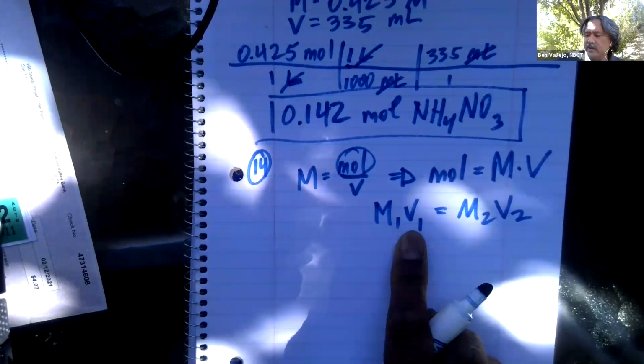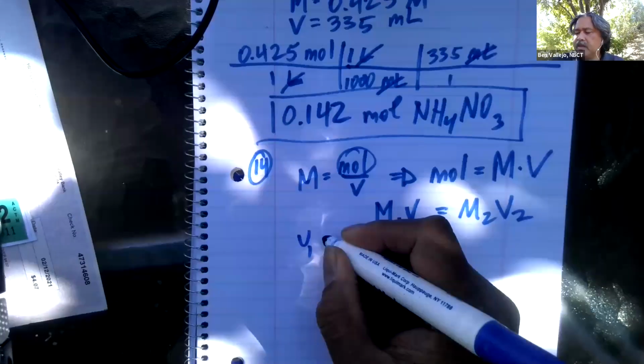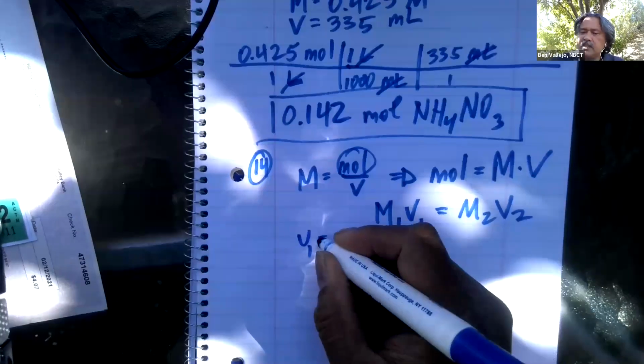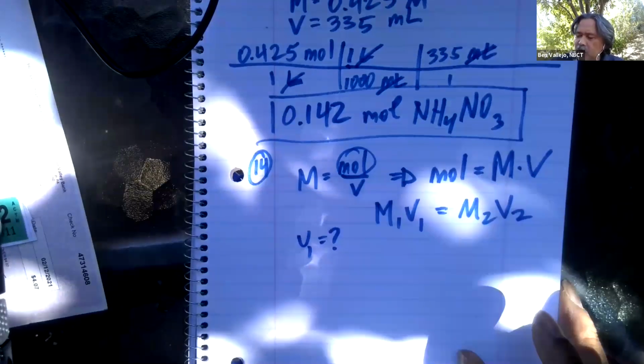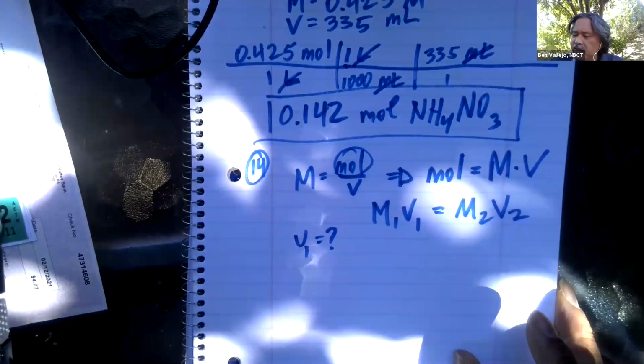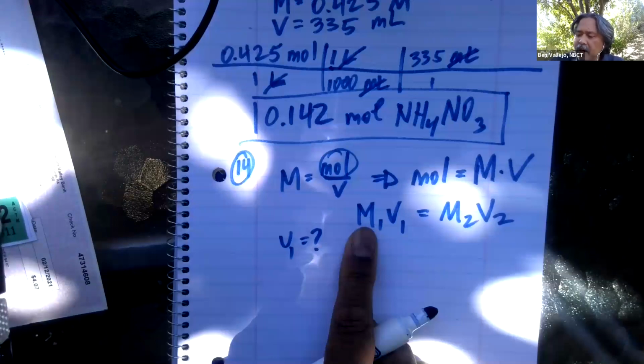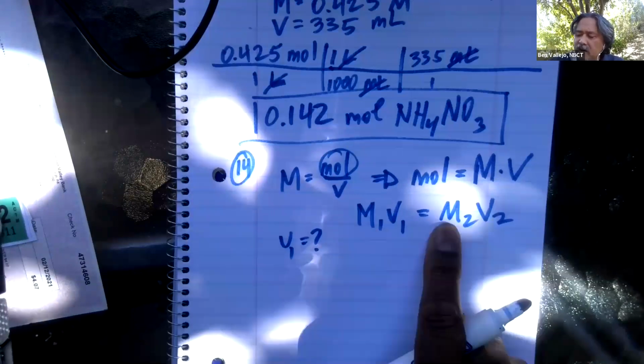Now, one thing you can do is before you even mess with the numbers, you can solve this equation for V1. If we do that, hopefully you can see quite easily that all you have to do is divide both sides by M1 to get V1 by itself.